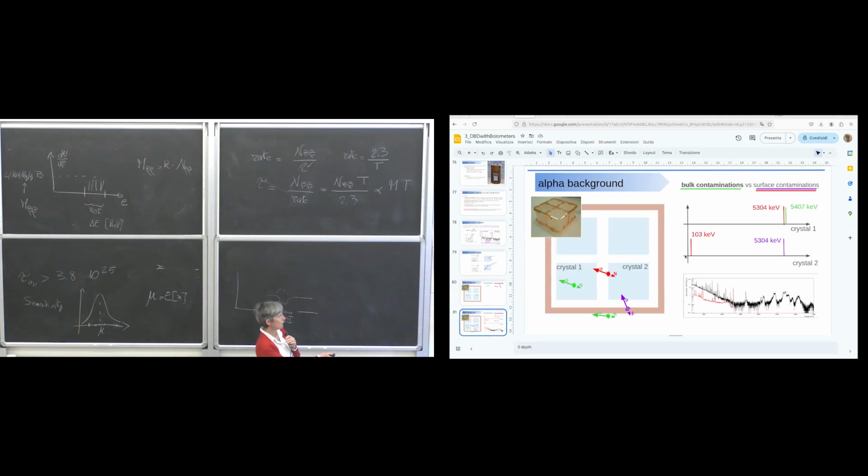So if I have a decay that is fully contained in the bulk of the volume where it takes place, if it is in the crystal, I see a line, and the energy corresponds to the Q value of the transition. My example here relies on polonium 210 decay. Is it alpha decay?